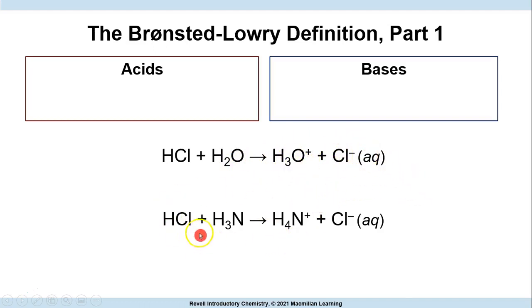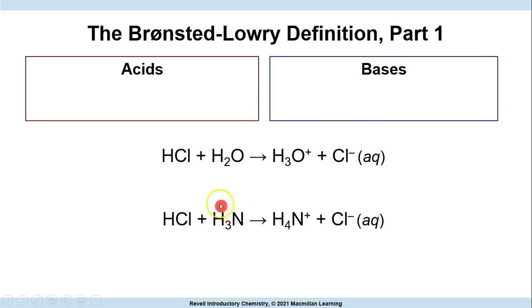In the second equation here, we have hydrochloric acid reacting with ammonia to give us the ammonium ion and the chloride ion. So, according to the definition of Arrhenius, Arrhenius does not recognize ammonia here as either a base or an acid, because according to Arrhenius, an acid will release hydrogen ions in solution while a base will release hydroxide ions in solution.